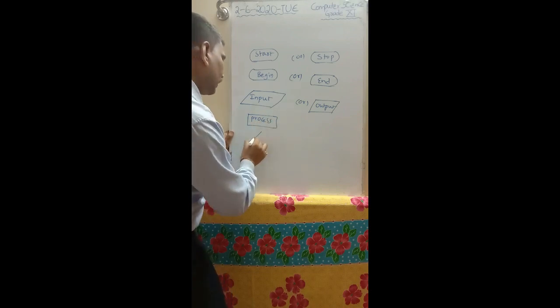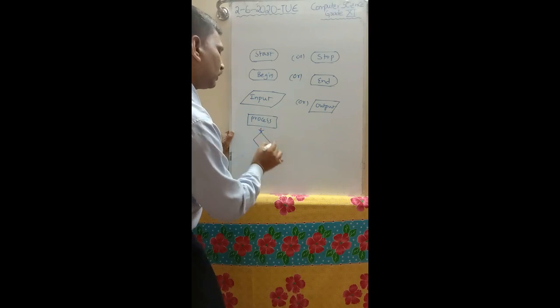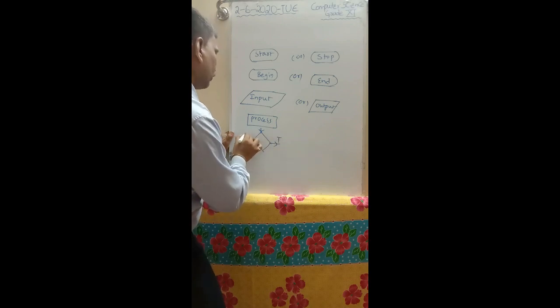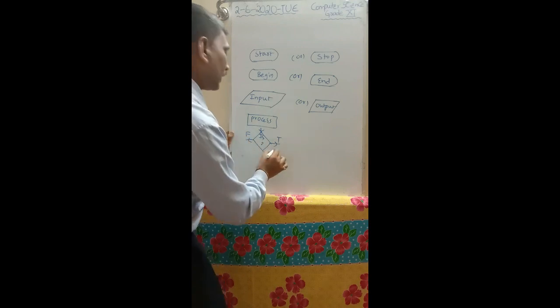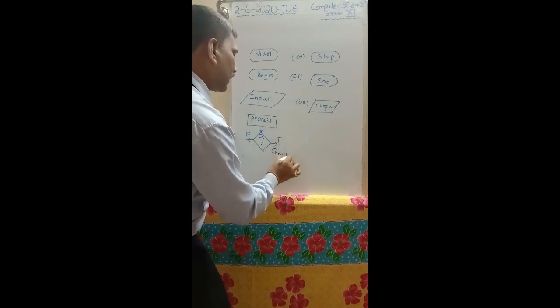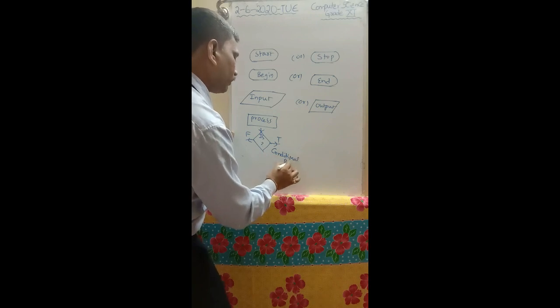After that, decision making, conditional box, to control whether it is true or false. So here I am writing some condition with a question mark. So this is called a conditional box.